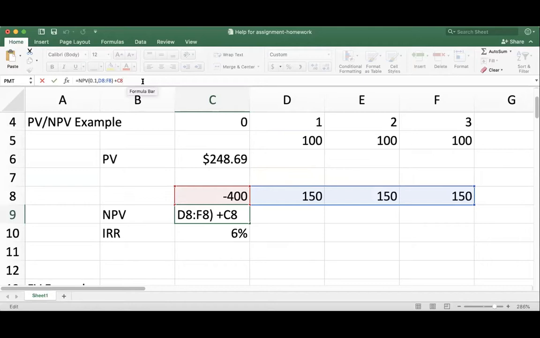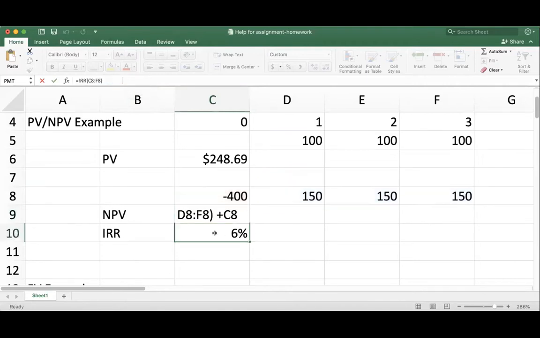It does not. It calculates PV of something other than year 0, and then you have to add year 0 manually yourself. Some of you are forgetting to do that, which is why I'm bringing this up, and some of you are getting confused, which is the other reason I'm bringing it up.